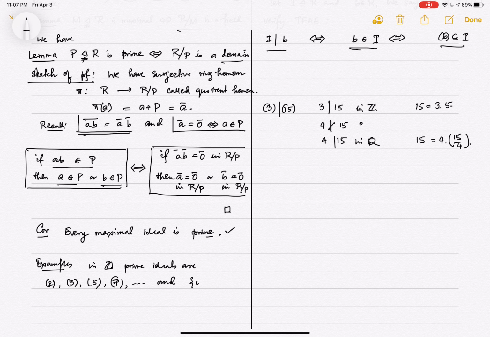You see, because quotienting by the 0 ideal just gives you back the ring itself, Z itself, and Z is a domain. Or in other words, if we just go by the definition, saying that a product of two things is in this ideal is just saying AB is 0. But because Z is a domain, a product of two things being 0 means one of them is 0. Okay.